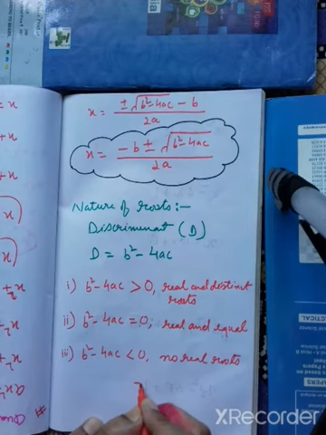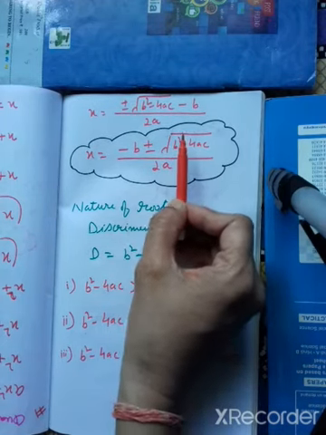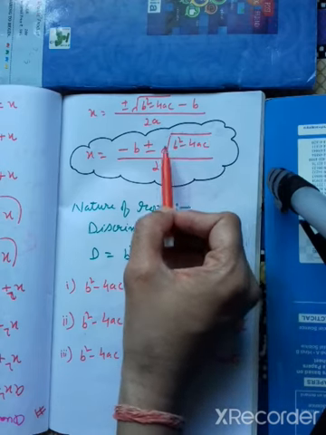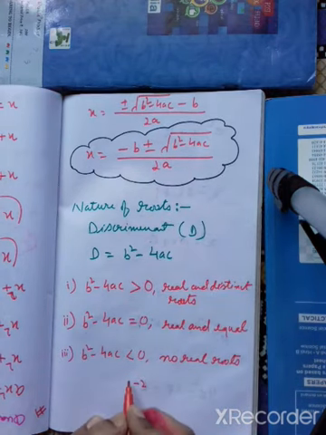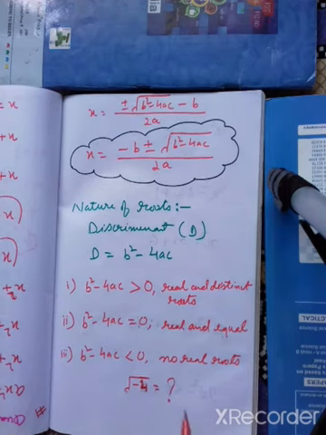So suppose this is minus 2, and you see here b square minus 4ac is under the square root. So if I write square root of minus 2, or suppose minus 4, can you find the value of root minus 4? No, you cannot find it. We have not studied it yet.